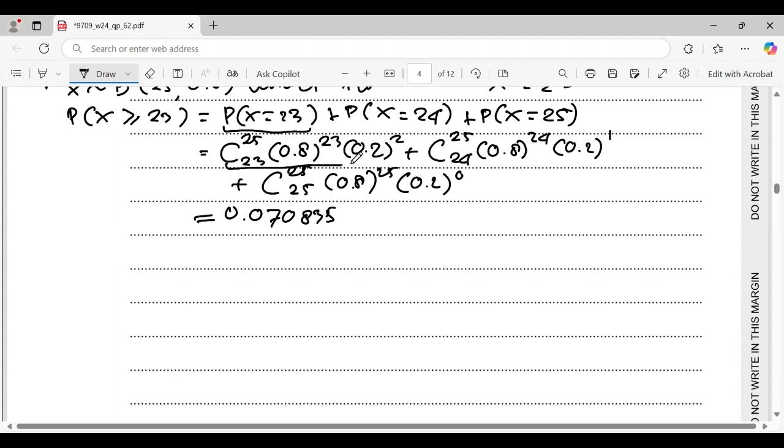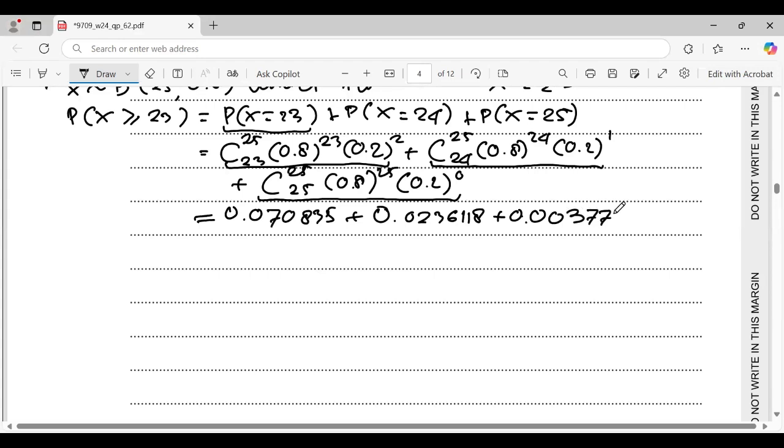This calculation equals 0.023618, and this calculation equals 0.0037779. And if you add them up, it's going to be 0.0982247.